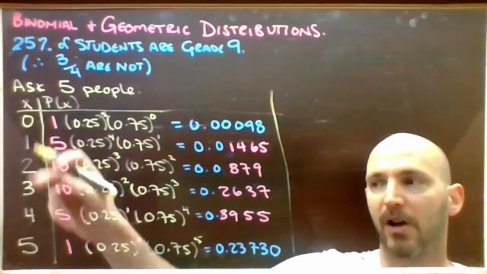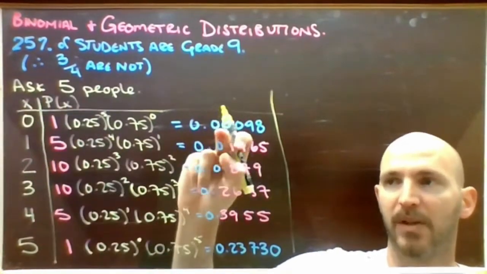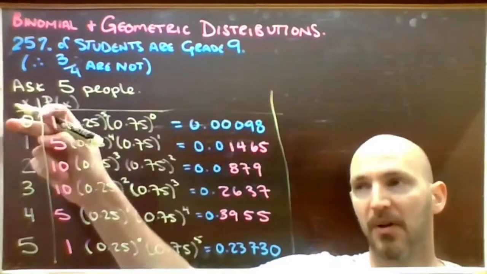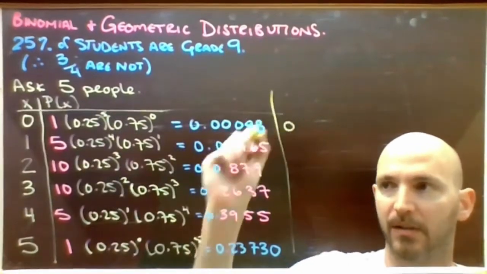So if I'm hunting for non-grade 9 students, there's a 0.00098 probability multiplied by 0 gives me 0.